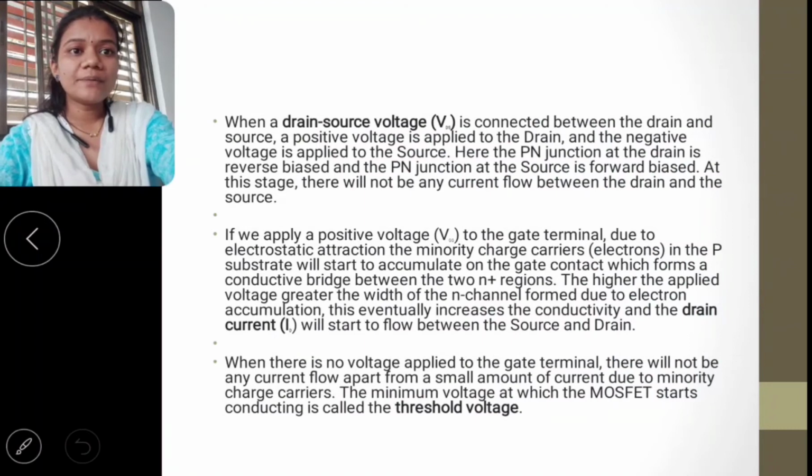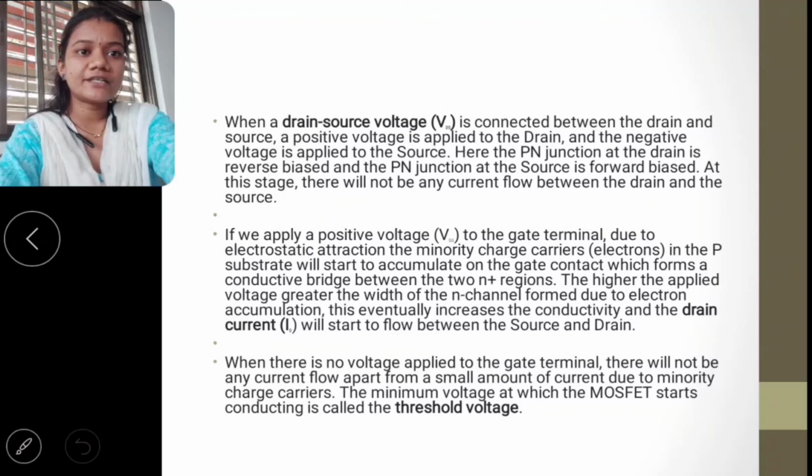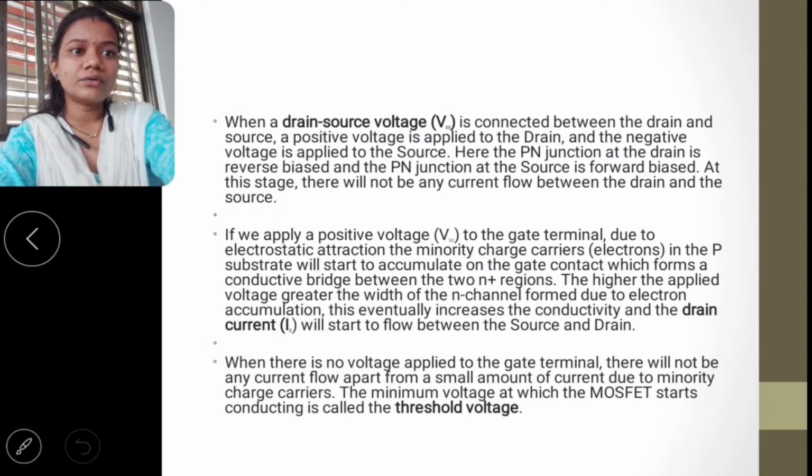If we apply positive voltage to the gate terminal, the electrostatic attraction makes the minority charge carriers in the p substrate accumulate at the gate contact, which forms a conductive bridge between the two N plus regions. The higher the applied voltage, the greater the width of the N channel formed due to the electron accumulation.